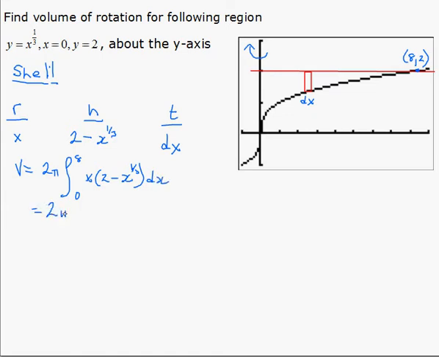Simplifying that one, we multiply everything by x, we get 2x minus x to the 4 over 3.